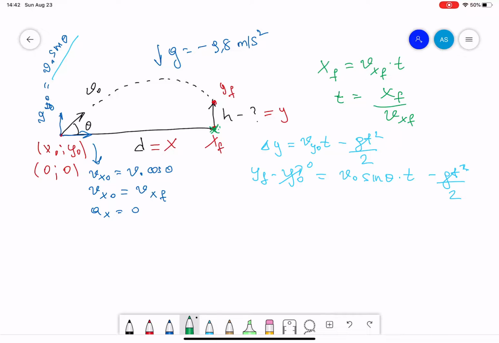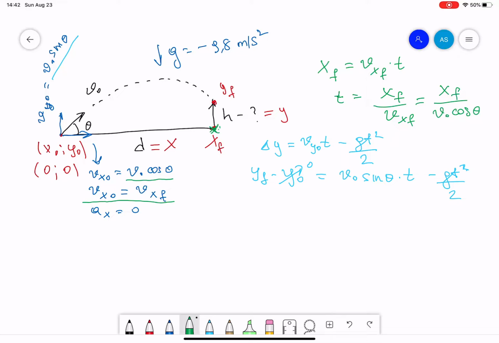We also know that t is x final divided by vx final, which is equal to vx initial, and vx initial is equal to v initial cos theta.